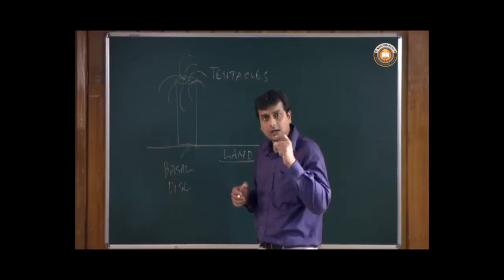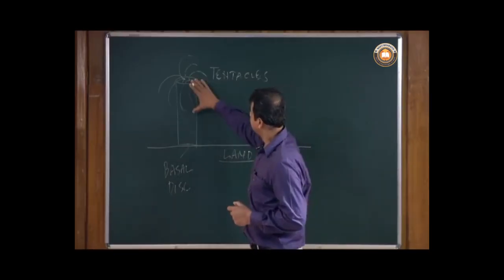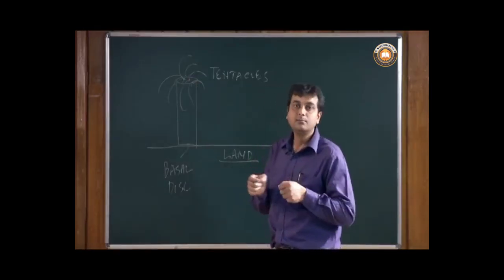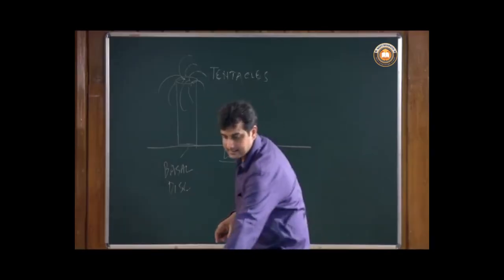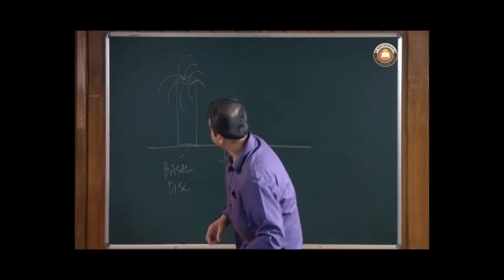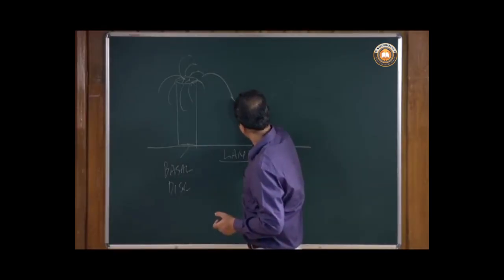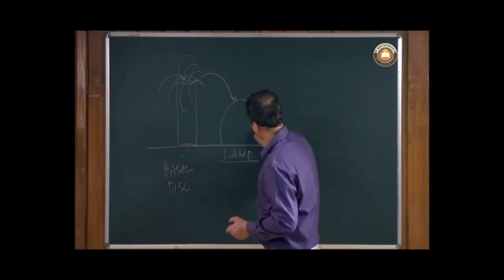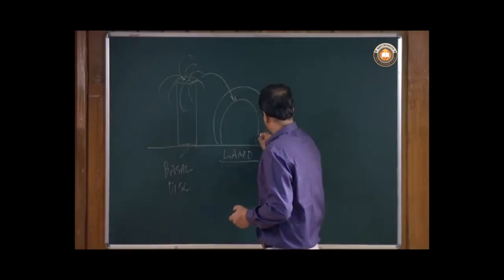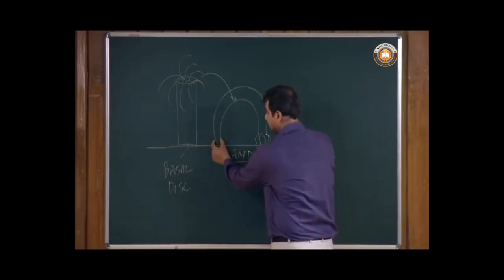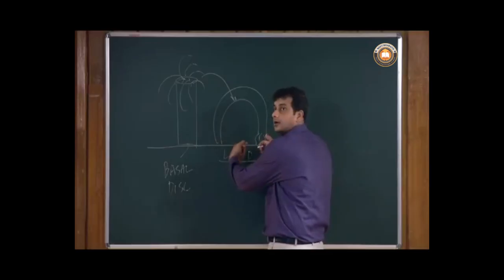Now, the tentacle is an organ responsible for movement. There is a possibility that the tentacles will roll down to the bottom, so the hydra attains this shape, and then the basal disc will be dragged a little towards the tentacle.